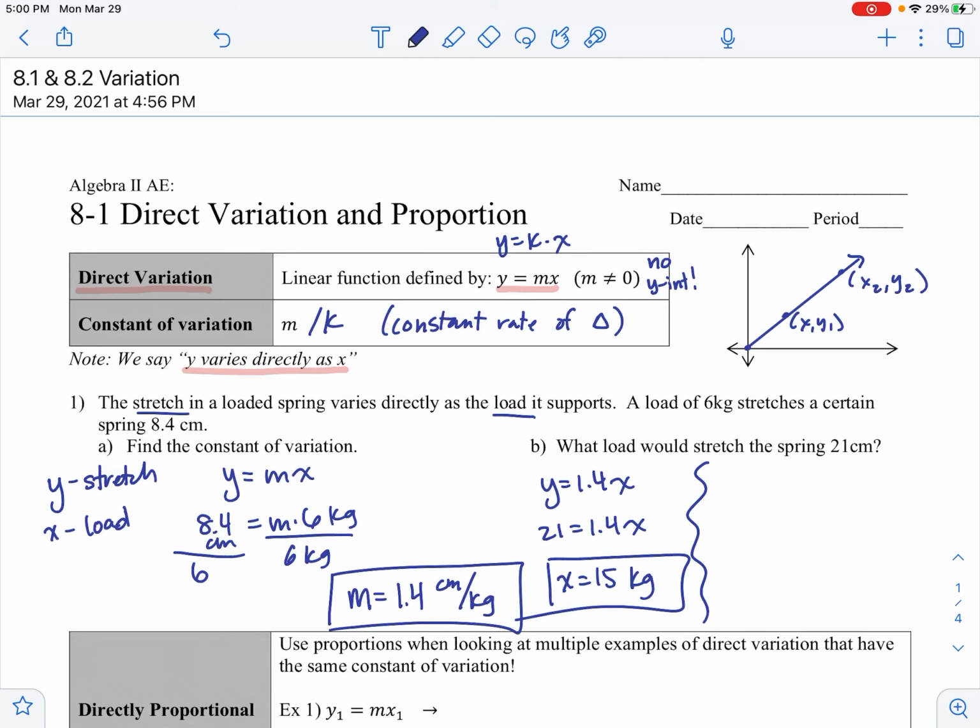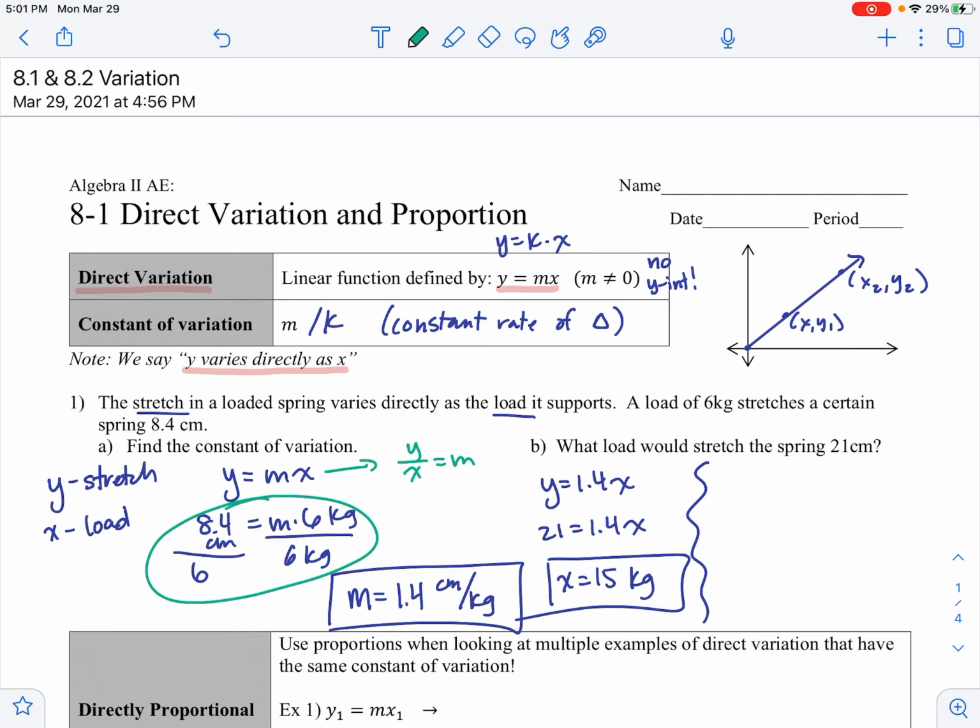Now, the other way that you could do these problems, though, because you know that the slope is the same between any 2 points, you can actually set up a proportion instead. Notice how over here we divided. If I divide my equation, I'm always going to get y divided by x is equal to m. And so I could set up 2 ratios.